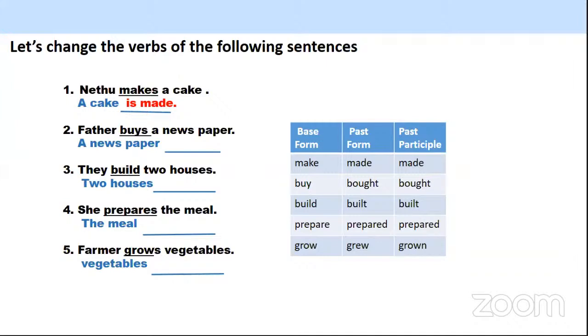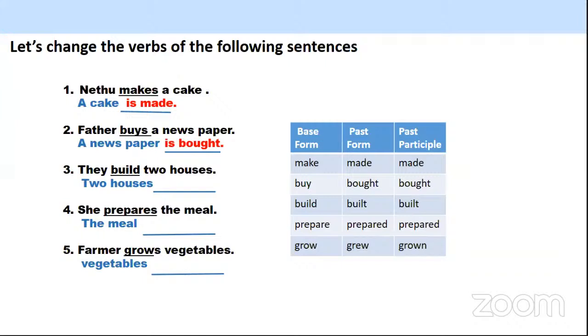Then what is the past participle of buys? Look at the table given. It is bought. Then what is your answer? Is bought.